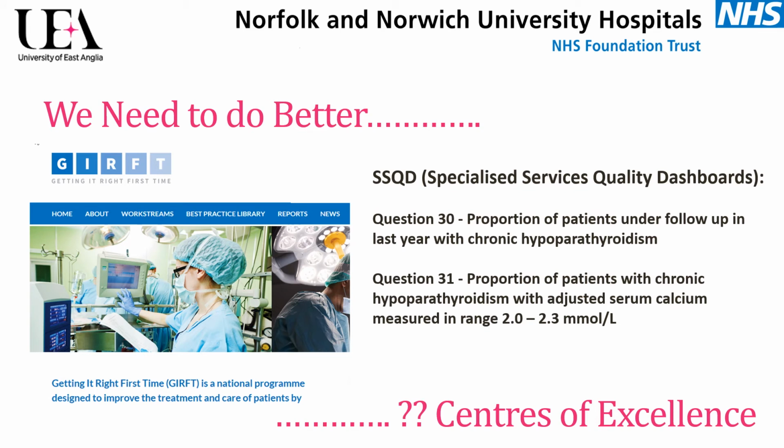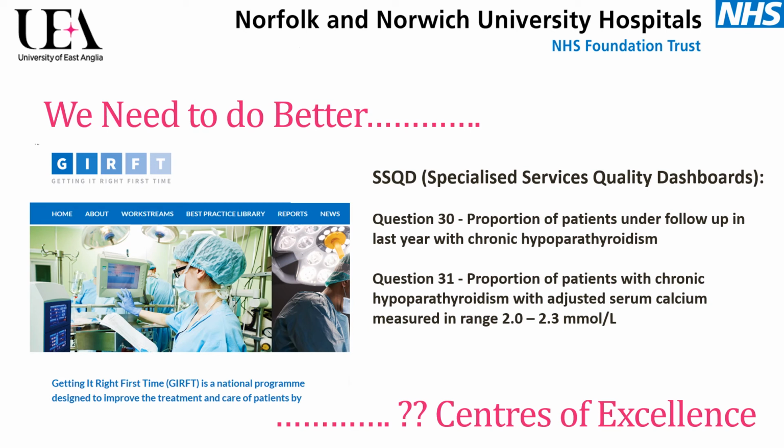How are we going to do better? This is the question. In the UK, in the NHS setting, we now have the GIRFT, or Getting It Right First Time initiative, which is in essence a quality control process where specialists from each specialism make departmental visits and submit reports on what they think can be done to improve the service, and also to attempt to standardise the quality of service that each department is giving.